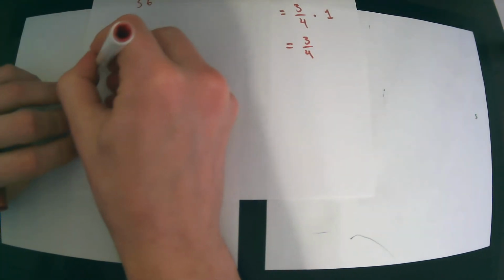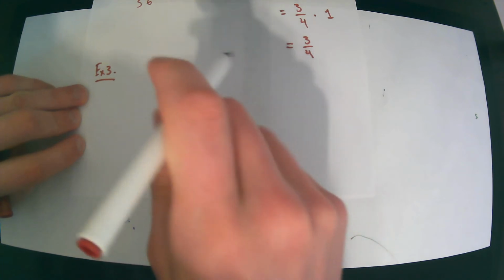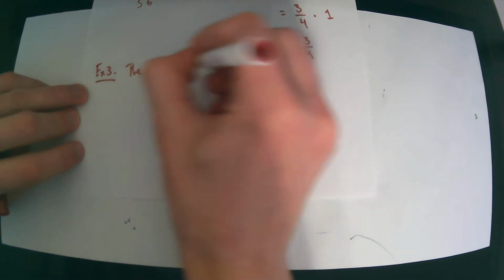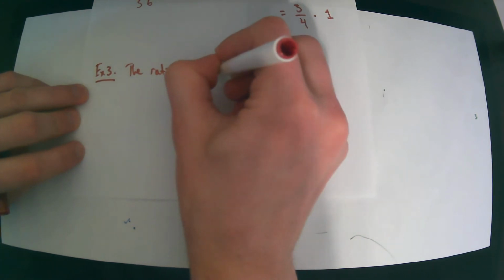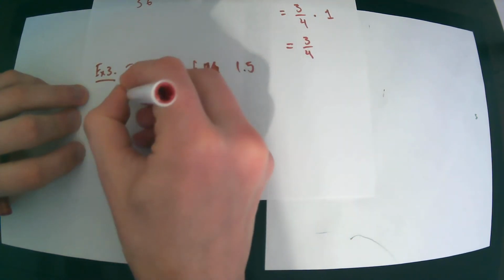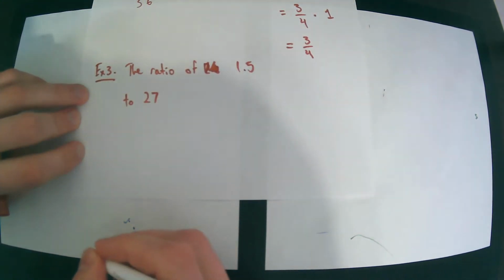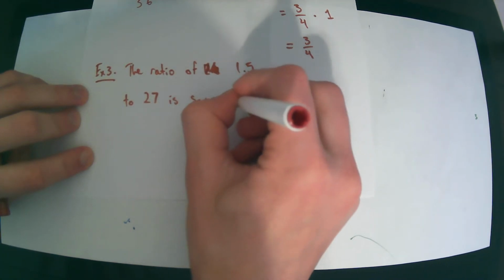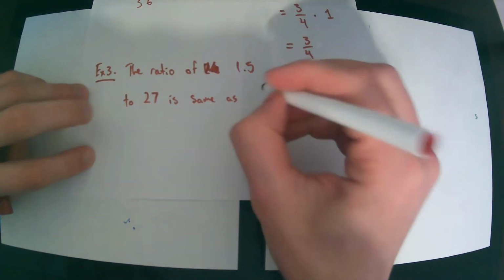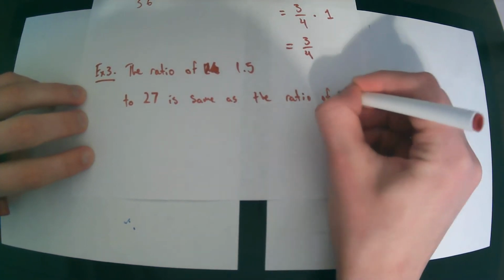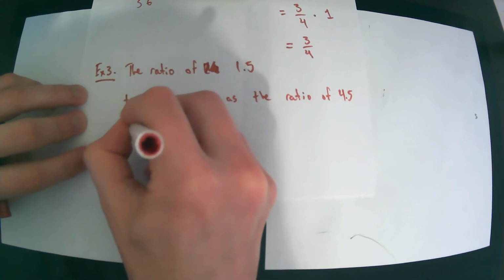Okay, example 3. I was looking through the homework a minute ago and I saw a similar problem in there. It says the ratio of 1.5 to 27 is the same as the ratio of 4.5 to what?